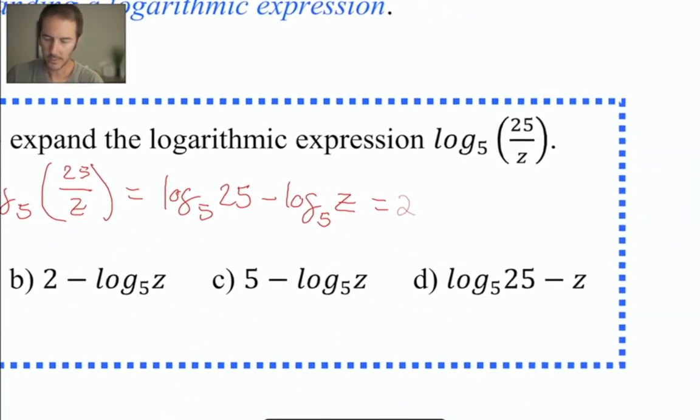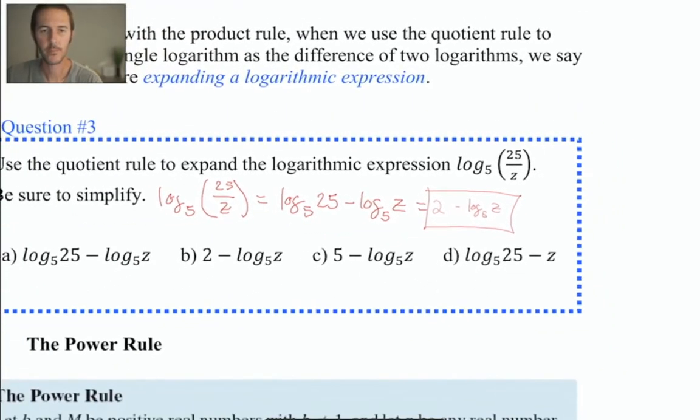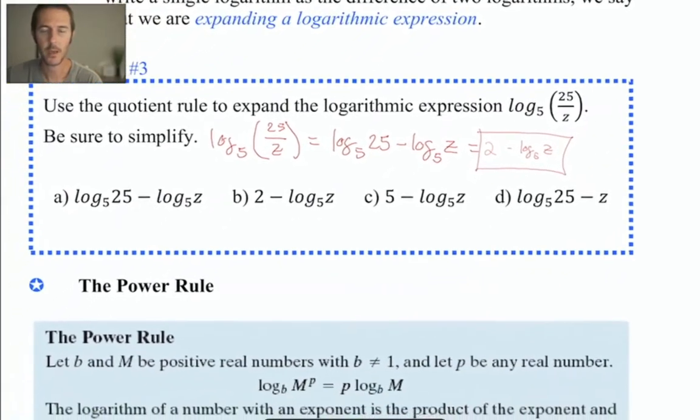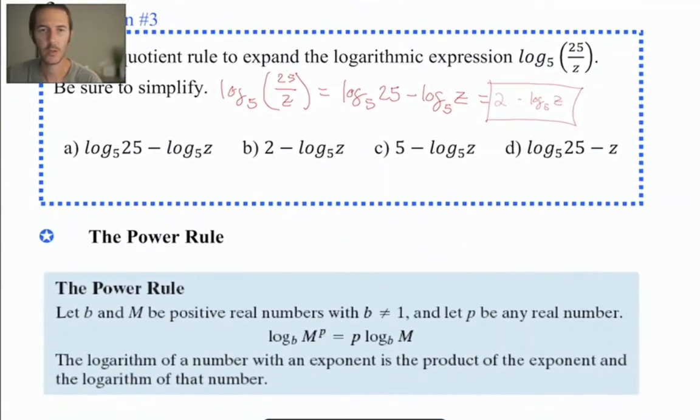Nothing we can do with log base 5 of z, so we are stuck with that: log base 5 of z. And that, ladies and gentlemen, is your final answer. So we simplify as much as we can. So that's option B, as in bravo.